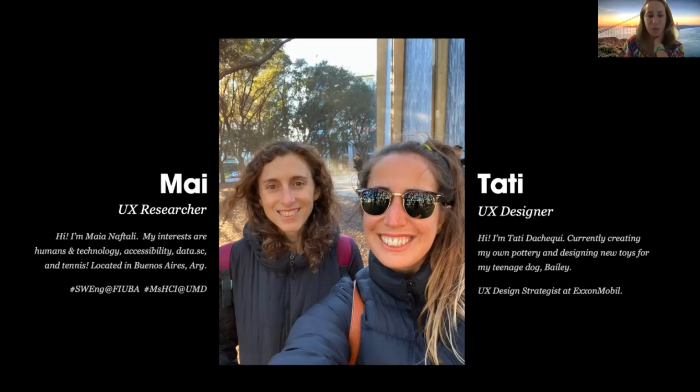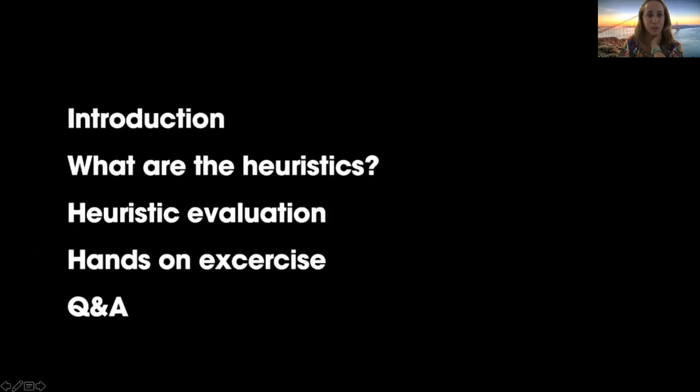Okay, so we will get started. Today we will talk a little bit about what a heuristic review is. That might be a complicated word, but you probably heard or known about that term. We will learn how to conduct a heuristic review on designs and also train our eyes to identify those things quicker and faster.